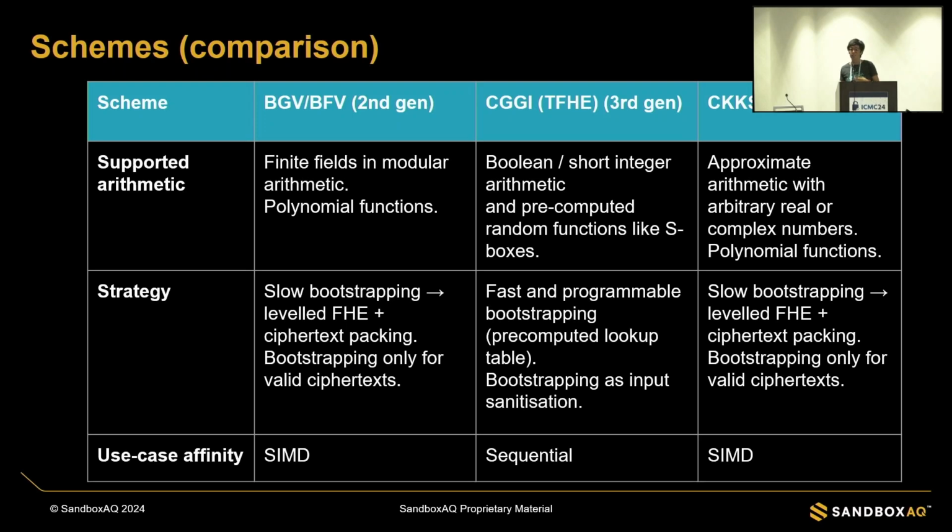And TFHE is more related to Boolean arithmetic, but because it has this functionality called programmable bootstrapping, it also goes very well with pre-computed random functions, like, for example, an SBox. And CKKS is intended to work on approximate arithmetic.